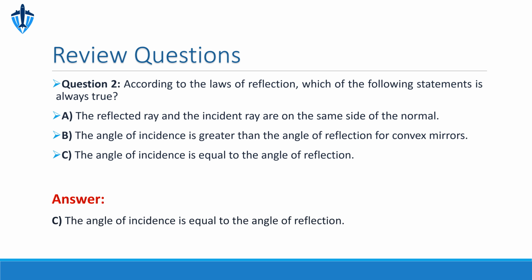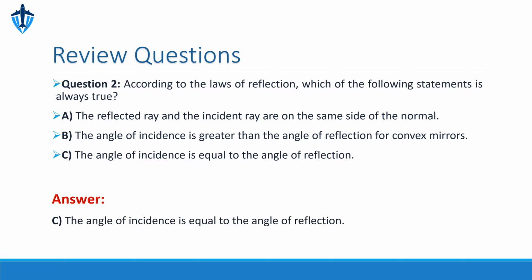This is the fundamental universal law of reflection. It holds true regardless of whether the reflecting surface is flat or curved, specular or diffuse. The angles are always measured between the rays and the normal, the perpendicular line drawn at the point of incidence. Option A is incorrect.